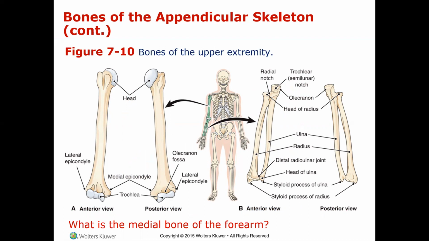When we are in the stance of being with our palms up, the ulna is on the medial side, and the radius is on the lateral side. So if you look, these have the palms up, and the radius is on the lateral side, on the outside, and then the ulna is on the inside.